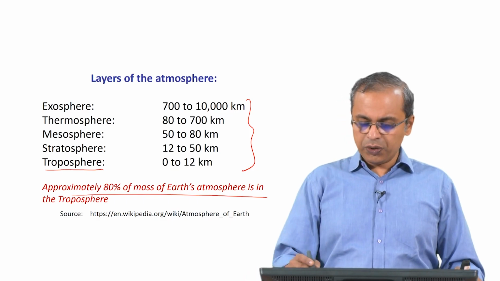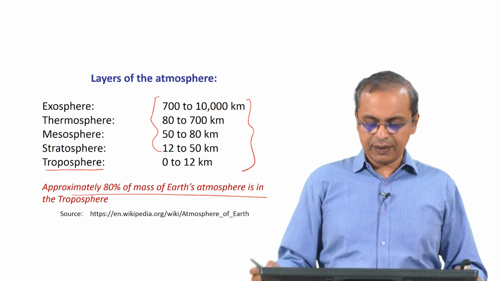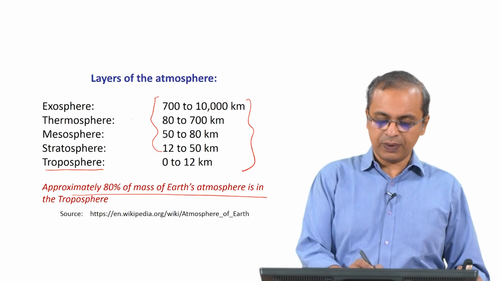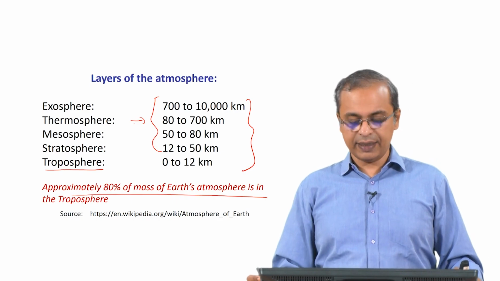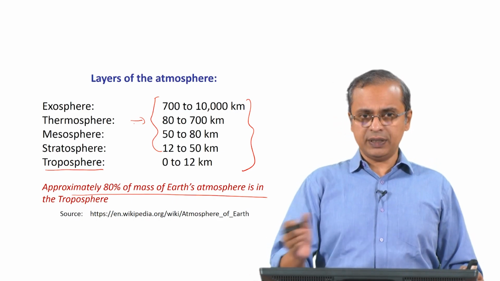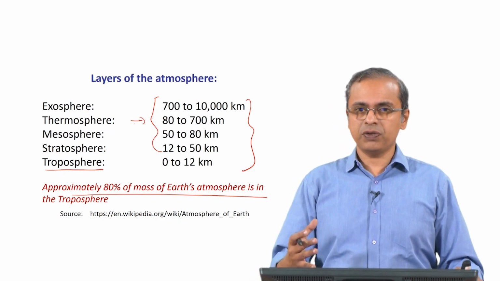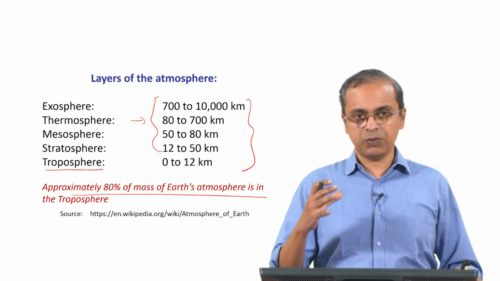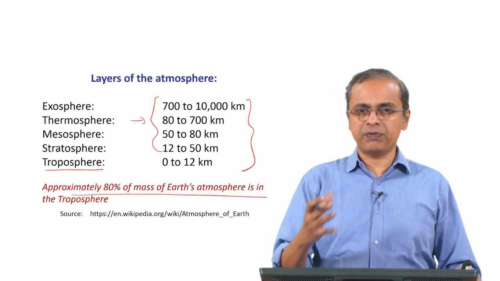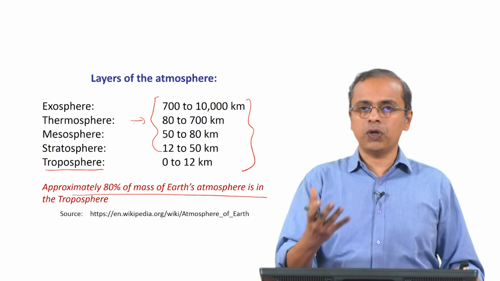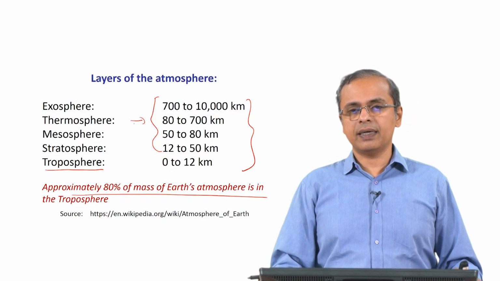Beyond that you have all these other regions, and we do some satellite related activity in that region. It is not that we do not use these regions or that they are irrelevant to us, but 80% of the mass of the earth's atmosphere is in the troposphere, so correspondingly many more phenomena tend to happen in it. That is something we will keep in mind.